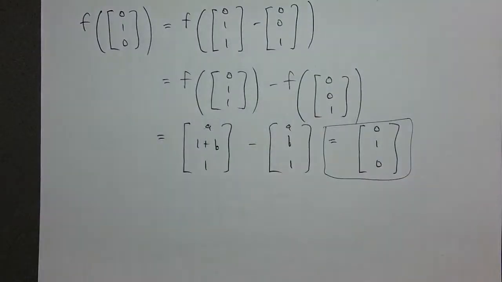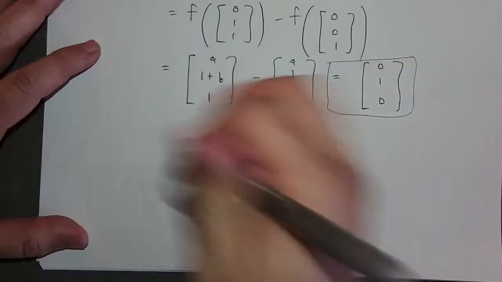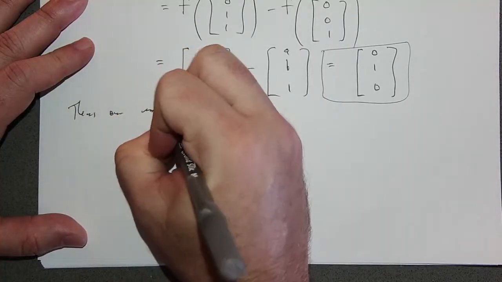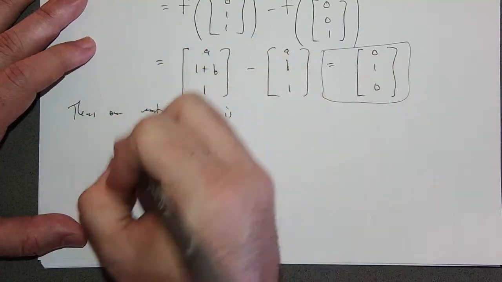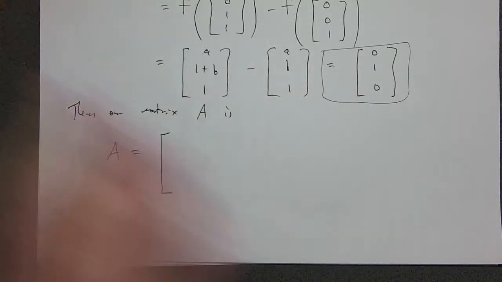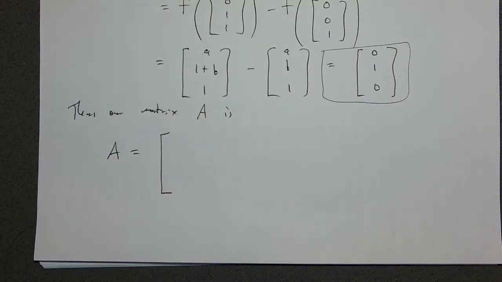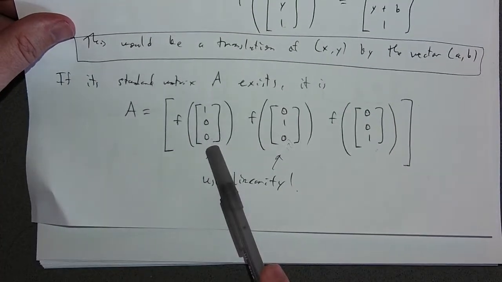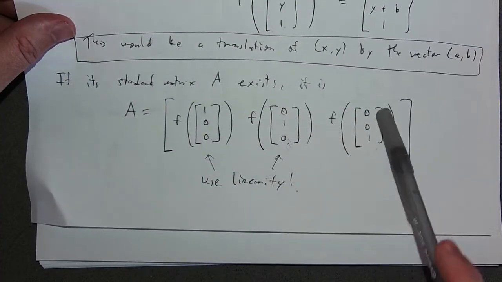And so our matrix A is the following. I'm not going to rewrite this step. Our matrix A has the columns f of (1, 0, 0), f of (0, 1, 0), and f of (0, 0, 1).